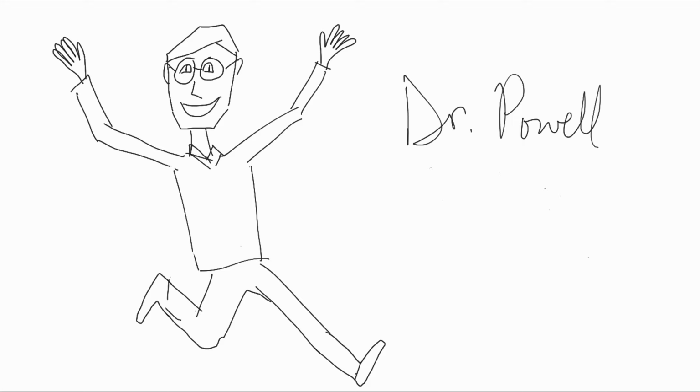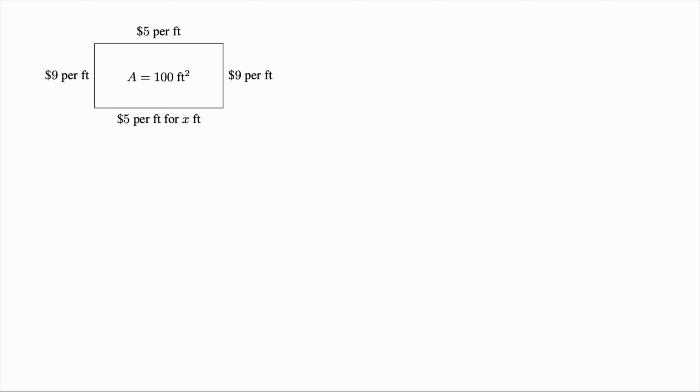In this video, we're going to look at an optimization problem, an application problem in calculus. We're going to try to find the length we should have of each side of this rectangle that has a given square footage, so 100 square feet.